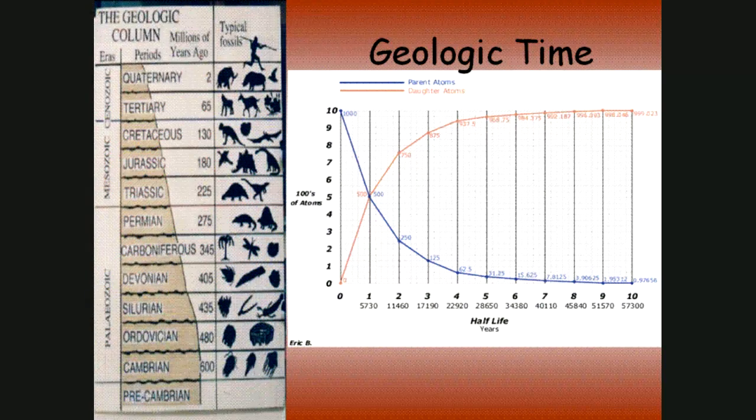Now, when the dinosaurs disappear, we get a new dominant life form on the earth, and it's mammals. And so the Cenozoic we've often referred to as the age of mammals, as opposed to the age of reptiles, as opposed to the age of fishes, as we have seen.